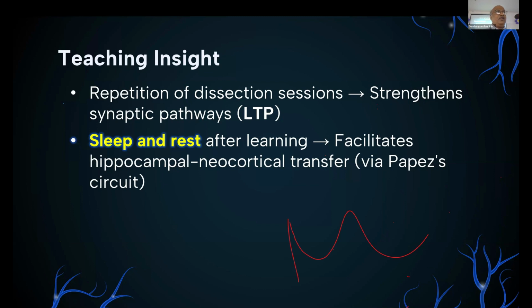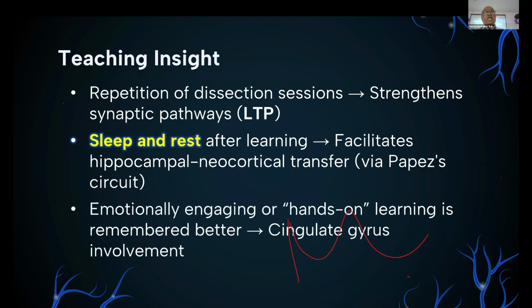So at least hereafter, reduce your screen time. Sleep well, at least the day before the exam. Sleep and rest are very important for the transfer of your consolidated memory to the neocortex. Then only can you easily recall it during your exam. Okay. Next, emotional engagement, that is hands-on practice.